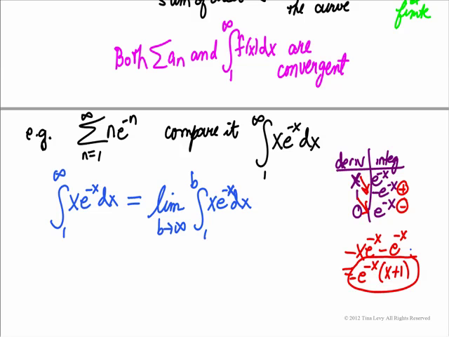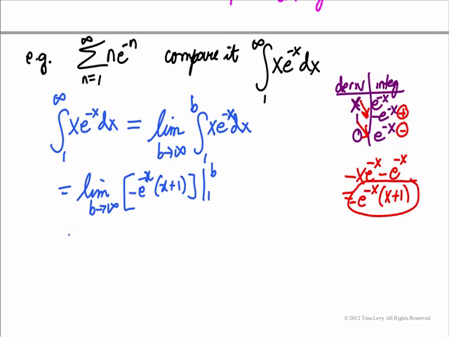So that will be my antiderivative. So this becomes the limit as b approaches infinity of negative e to the negative x times x plus 1, evaluated from 1 to b. And working through all the steps, we get the limit as b approaches infinity of negative e to the negative b times b plus 1, minus, plugging in 1, negative e to the negative 1 times 1 plus 1, which is 2.